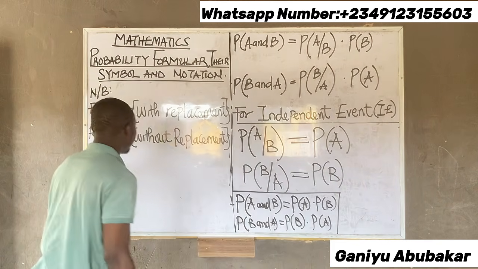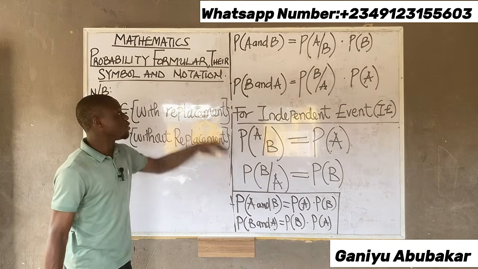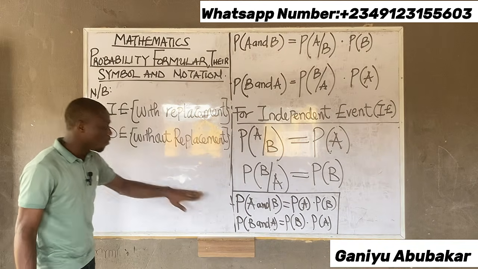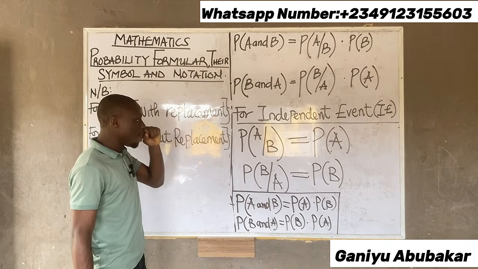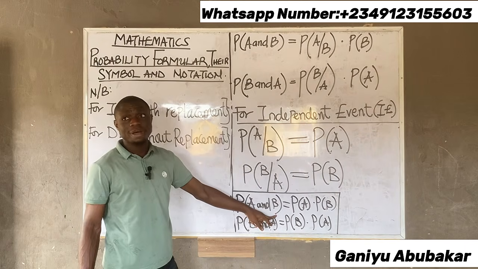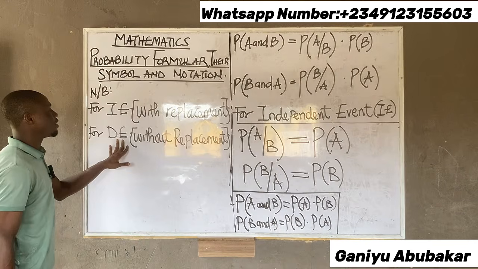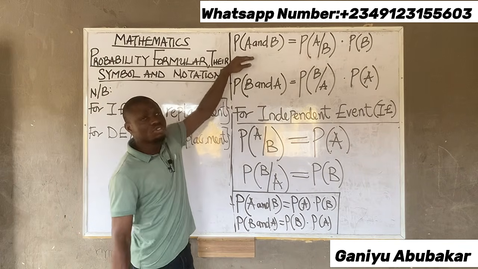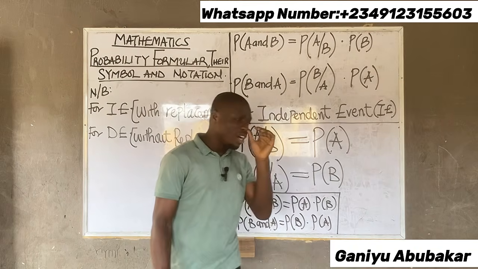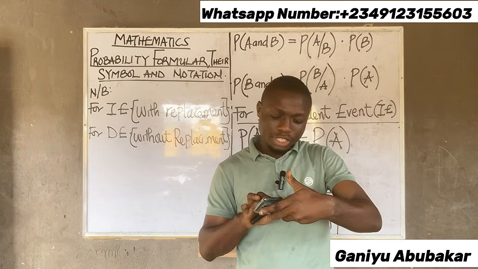Now, question: if I'm going with independent events, will I use this formula or this formula? Of course, for an independent event, I'll use this formula to solve my A and B. But if I'm working with dependent events, I use these two formulas to solve my dependent event questions. All right, this is how the joint probability concept works. That's joint probability for you.